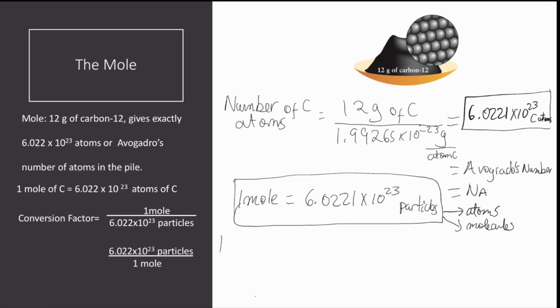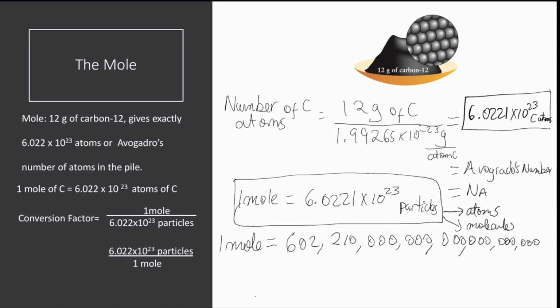So just remember that this number is written in scientific notation, but in fact it is a huge number, which is the following. So you have in 1 mole these many objects.